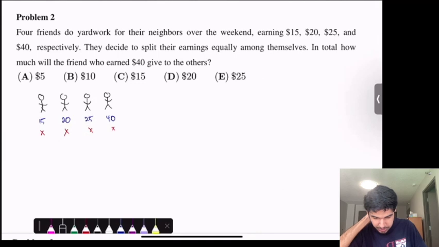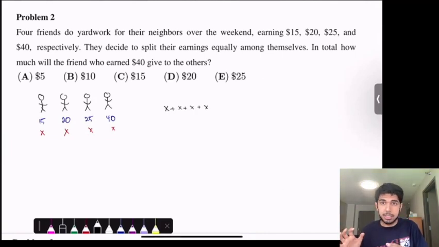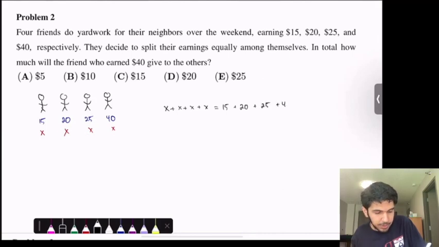So let's form a little equation here. We have X plus X plus X plus X. That's after they split the money amongst themselves equally. So all of them get X, it's equal. That should equal the sum of their earnings, which is 15 plus 20 plus 25 plus 40.